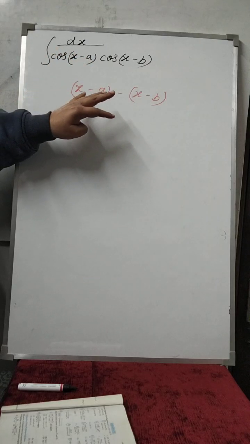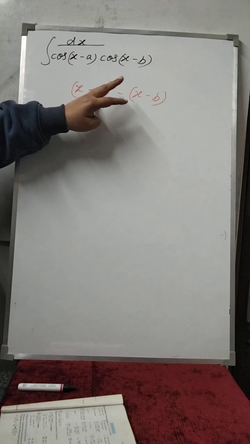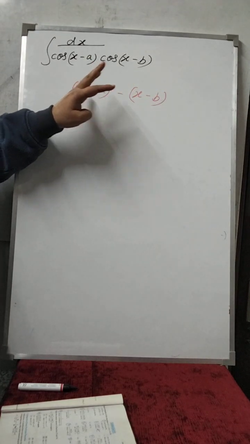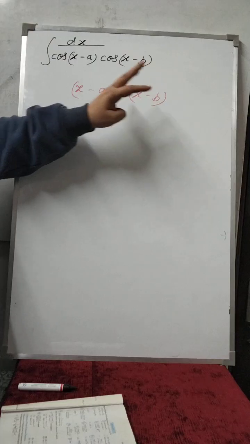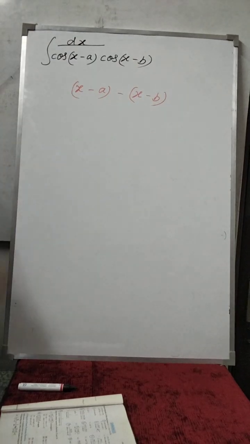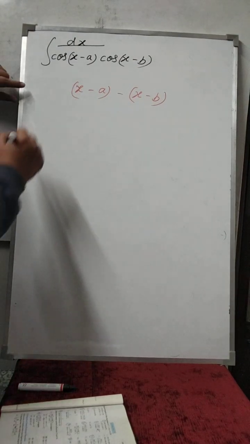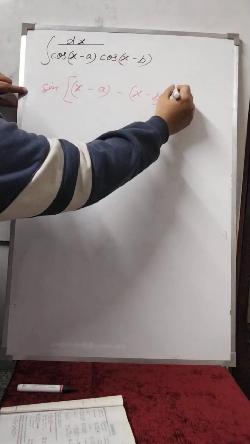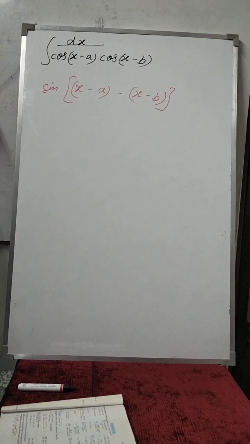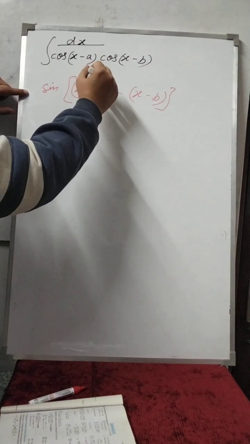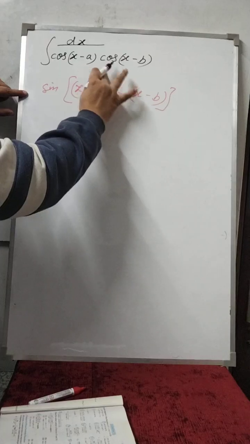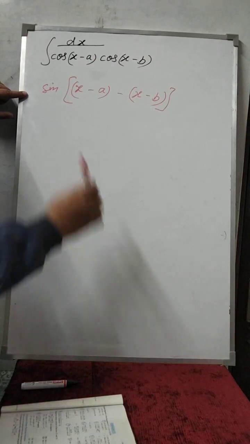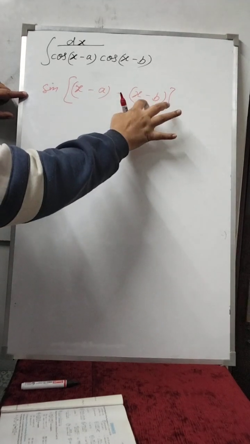Simply in the numerator I have written x minus a as one angle minus x minus b as the other angle. So x and x will get cancelled and I will remain with b minus a, right? So what I am doing, I am taking sine of this. So basically x minus a will be my first angle and x minus b will be my second angle.